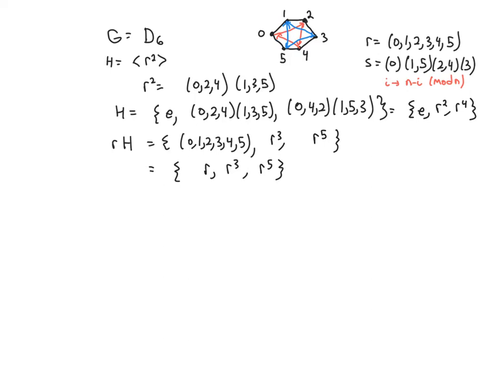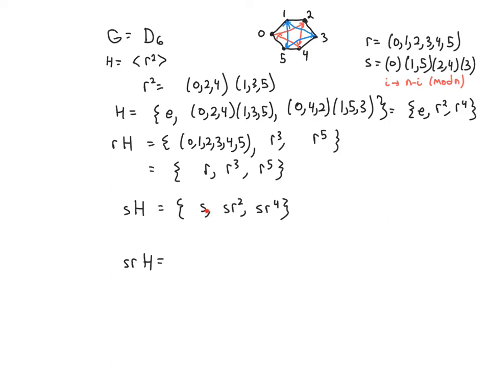What's another coset? Well, we can multiply by S as well. That would give us S, SR squared, and SR to the fourth. And naturally, you could also multiply by SR times H. Why would you want to do that?